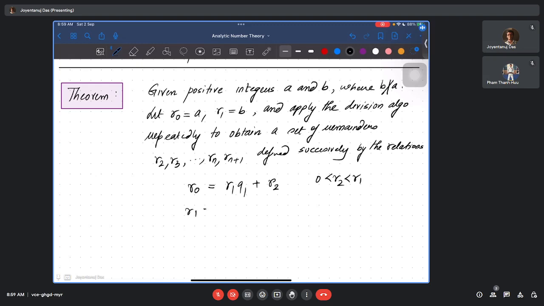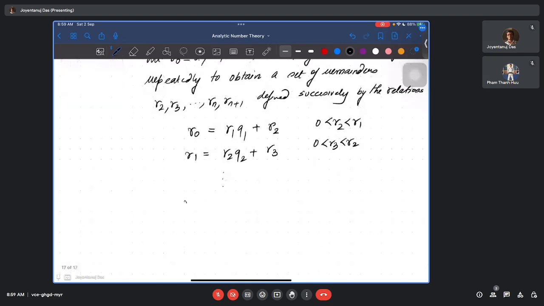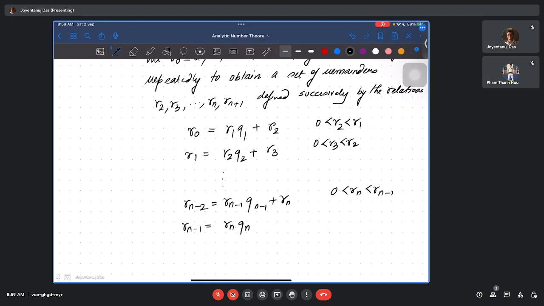Next, R1 equals R2 Q2 plus R3, and so on. Rn minus 2 is Rn minus 1 Qn minus 1 plus Rn, and Rn minus 1 equals Rn Qn plus R of n plus 1, where R of n plus 1 is 0.